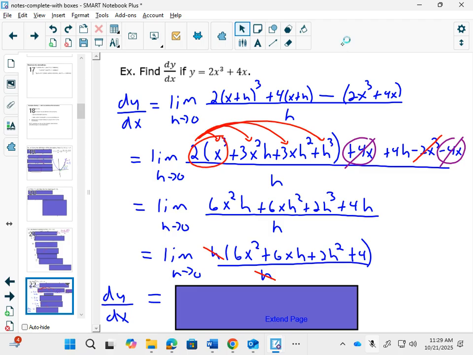Can we get rid of the thing that's causing us a problem? The non-permissible value. Once you get rid of the thing that's causing the problem, you can plug in 0 for h and see what you would have left. And the only things that would be left would be the 6x squared and the plus 4.